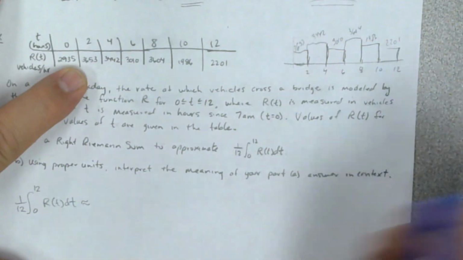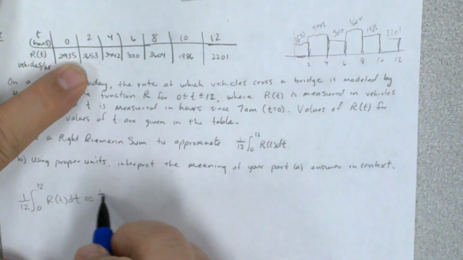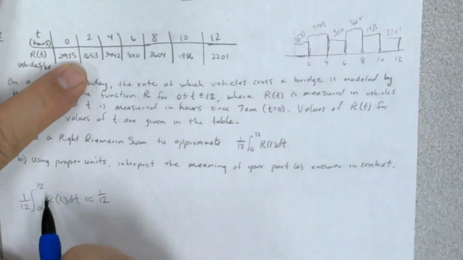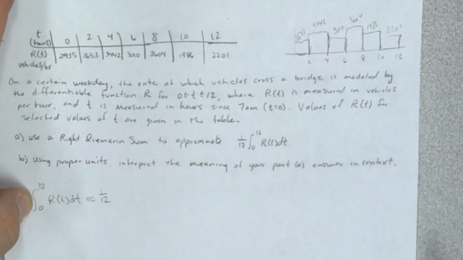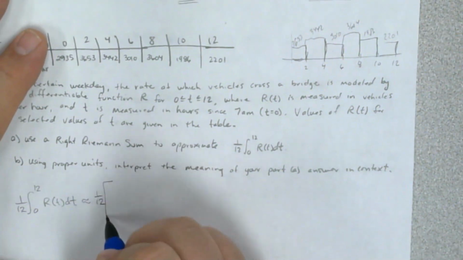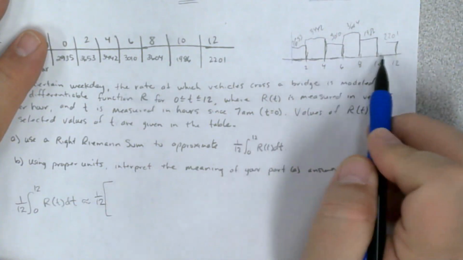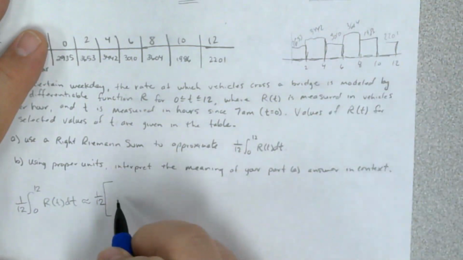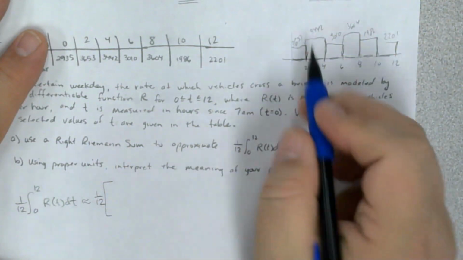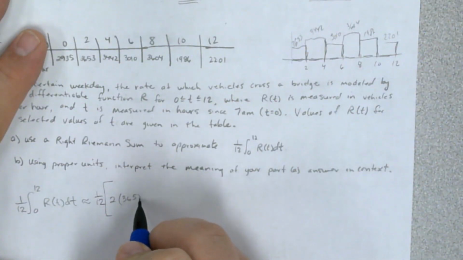Okay? So then don't forget the 1/12 here. So my answer is going to be 1/12. So the Riemann sum is for the approximation for this integration. The 1/12 is still out in front, so we still need it. So each of these bases are equally spaced, so they're all 2. So I'm going to do 2 times each of those numbers. So it's going to be 2 times 3653.